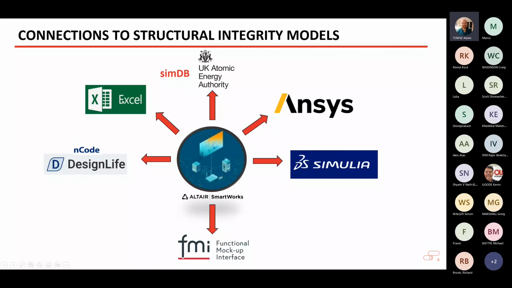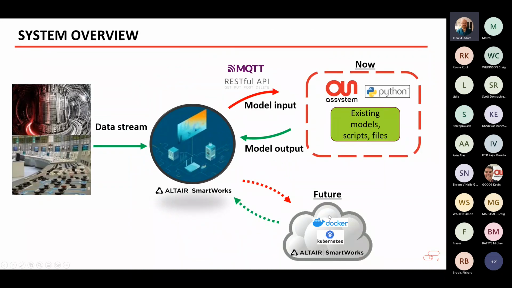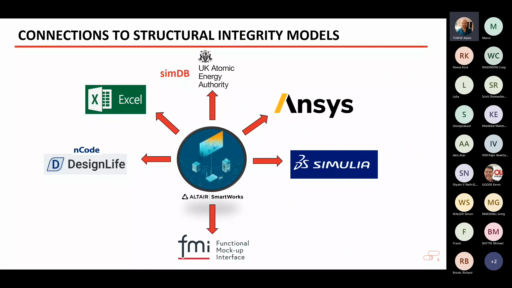We connected to Excel, so this was constantly running Excel macros for crack growth in this particular case. And we also had connections, as I said, to UKAEA's SPDM program, which is called SimDB. So those are the connections that we made. Obviously, the connections to each one of these is somewhat unique to the requirements of each program, and creating these links is not to be underestimated. When we go to containerization of this, it's going to get a bit easier.